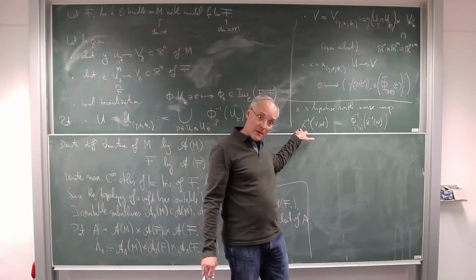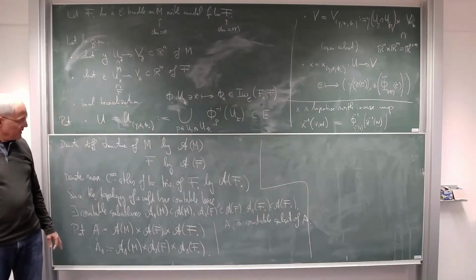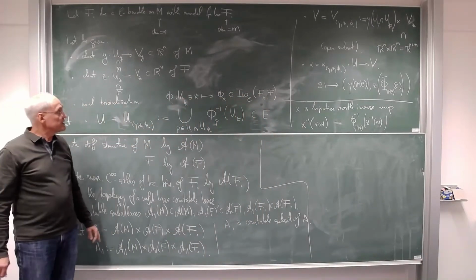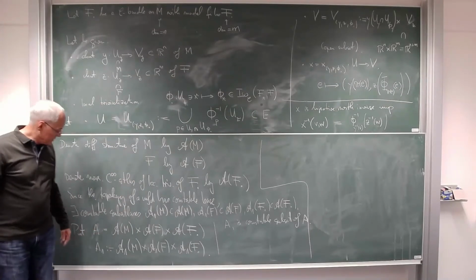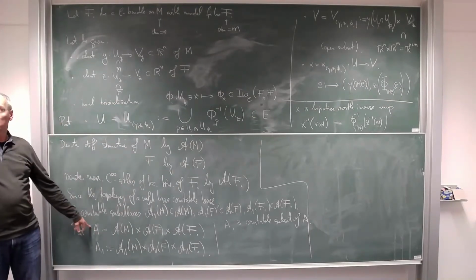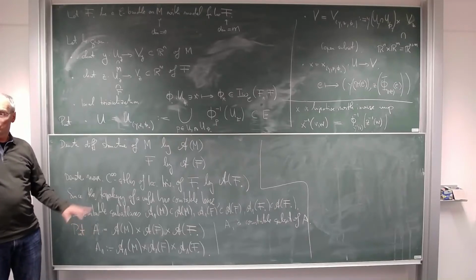That's the third thing. And the final thing to check was to say that if I have two elements in the total space in this case, then I can find a chart coming from an element in A that contains them both. Right? These were the conditions.